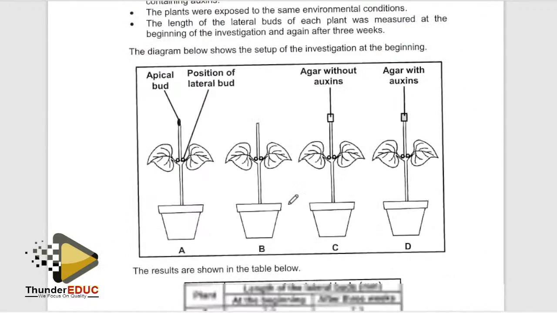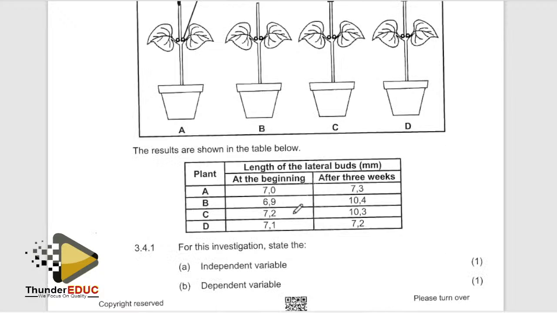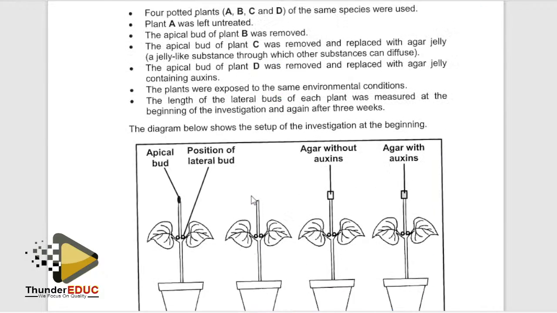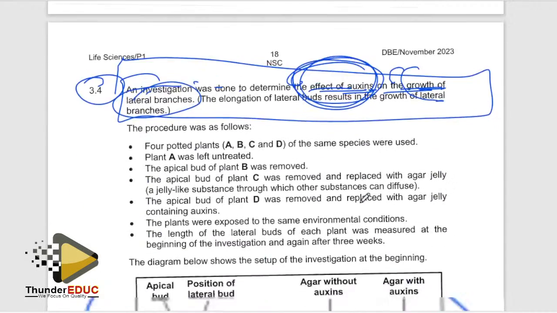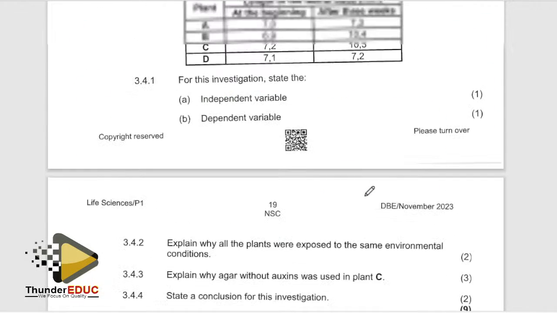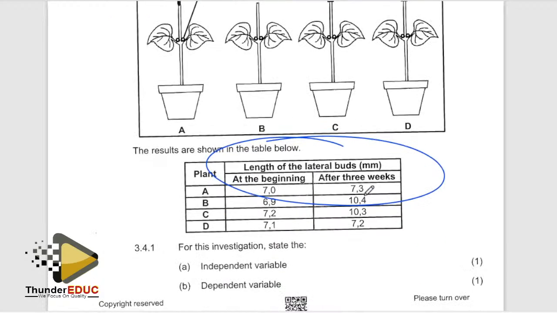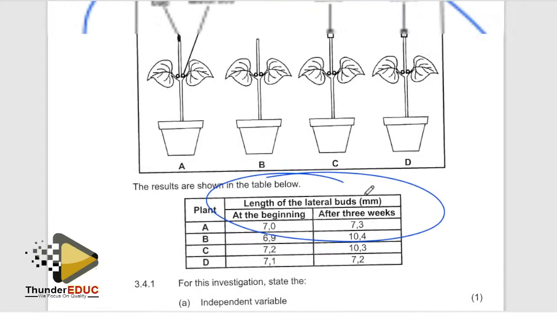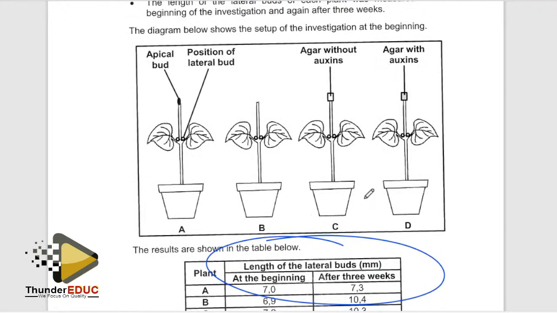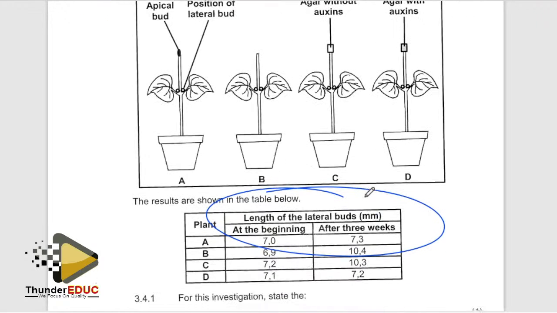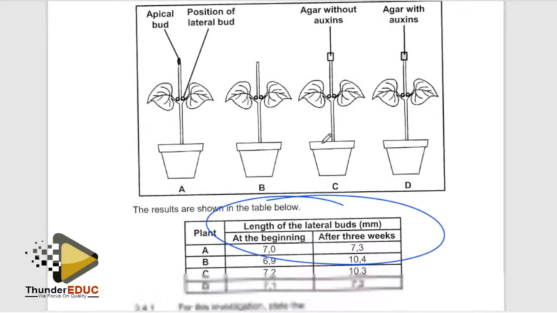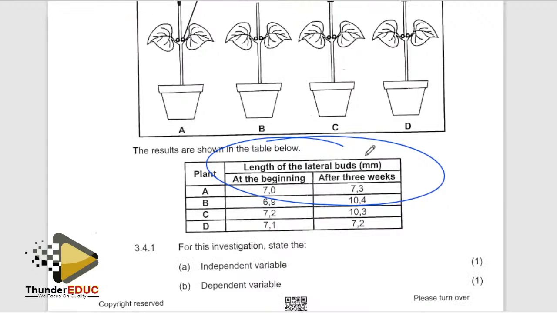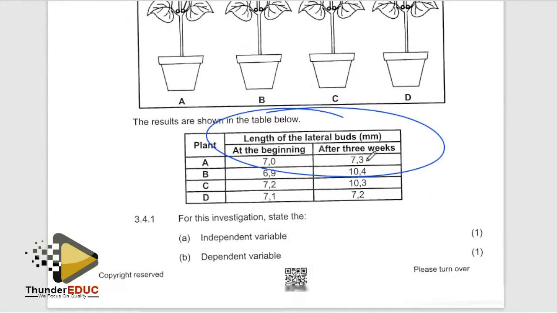So the independent variable is the effect of auxin, and the dependent variable is the growth of lateral branches. Some people wrote the type of plant, hopefully, but I'm not so sure about it, so it depends on the discussion they will do.